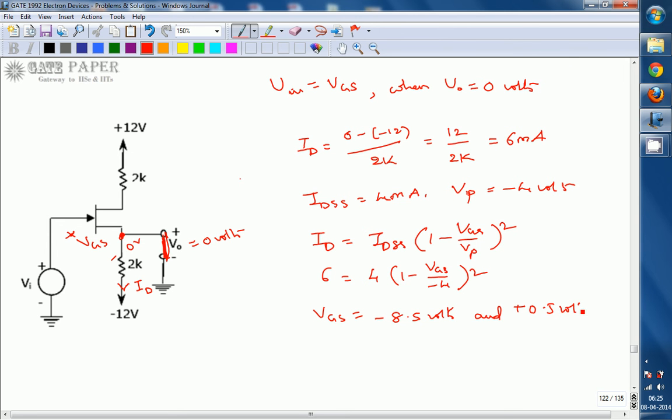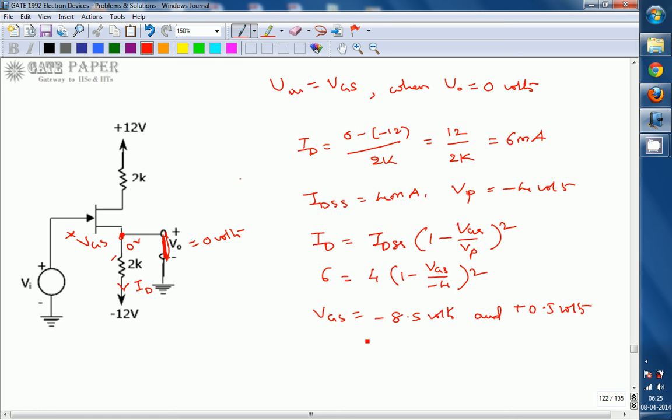Now what you are going to choose as the actual VGS, that is, what will be the actual input for this condition of V0 is equal to 0 volts. Whether we are going to choose positive value or negative value, we know that one. Always gate source junction of JFET is under reverse bias, so for N channel it has to be negative.